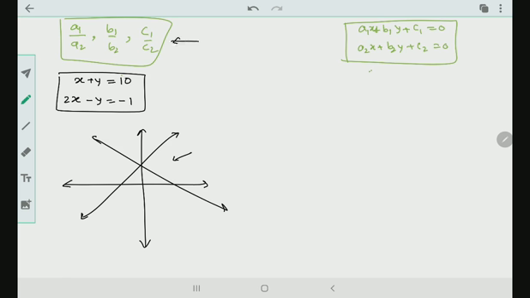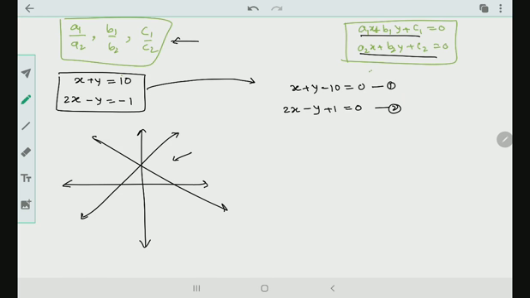Let's understand. First of all, I'm going to bring this equation in the standard form. So x plus y minus 10 is equal to 0 and 2x minus y plus 1 is equal to 0, as equation number 1 and equation number 2. I'm going to compare these equations with the standard form, where A1 is the coefficient of x, B1 is the coefficient of y and C1 is the constant term.